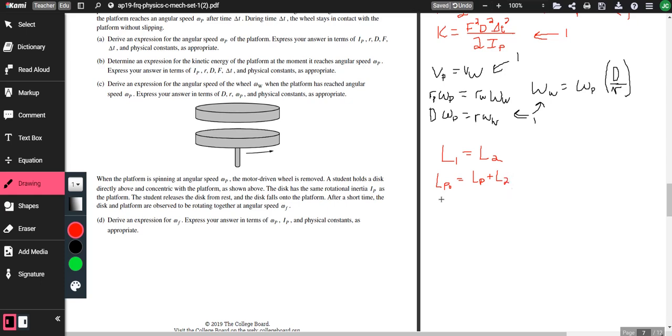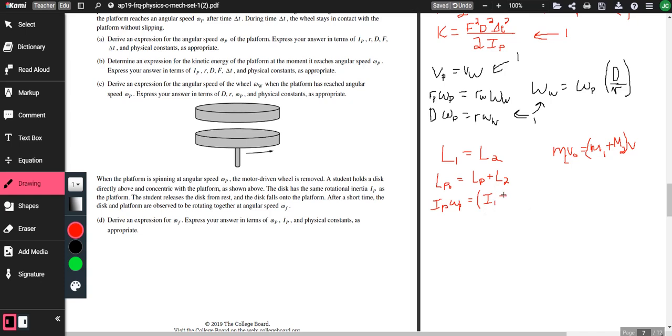This one is going to be I omega, so this would be I_P omega_P. This is just like with regular momentum, where we would have added their two masses, like we would have had m plus m times the final speed. I'm doing the same thing here, I'm just going to use the rotational inertias.